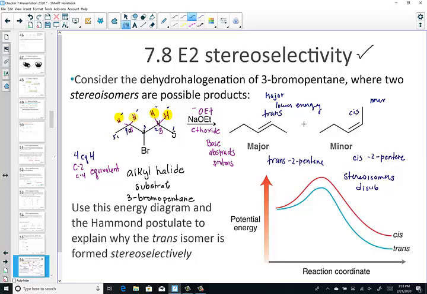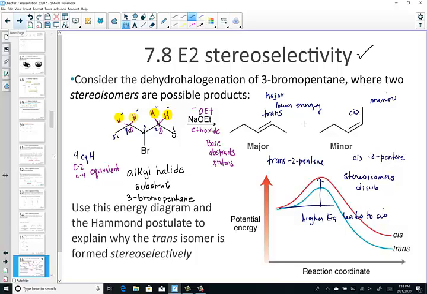So when we have 2 possible hydrogens on the beta, you will predict making both stereoisomers, the cis conformation is the minor, trans conformation is the major product. That occurs when the beta carbon has 2 hydrogens. You will make a cis and a trans configuration.